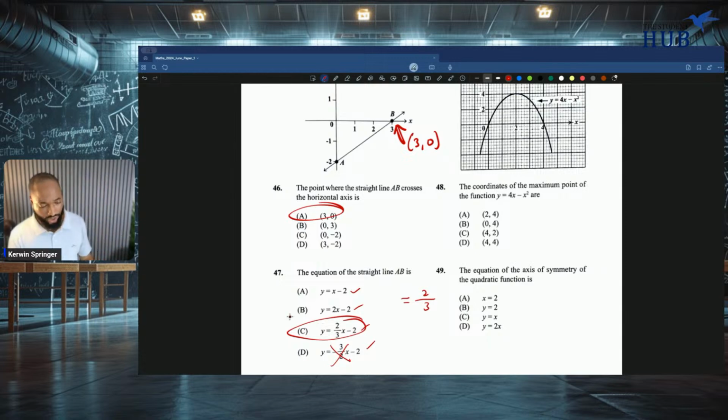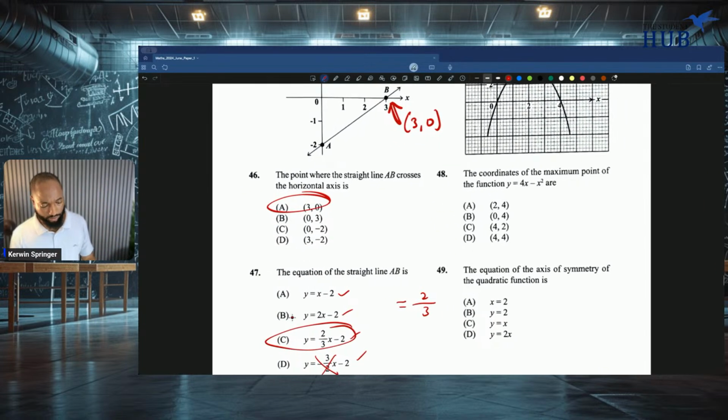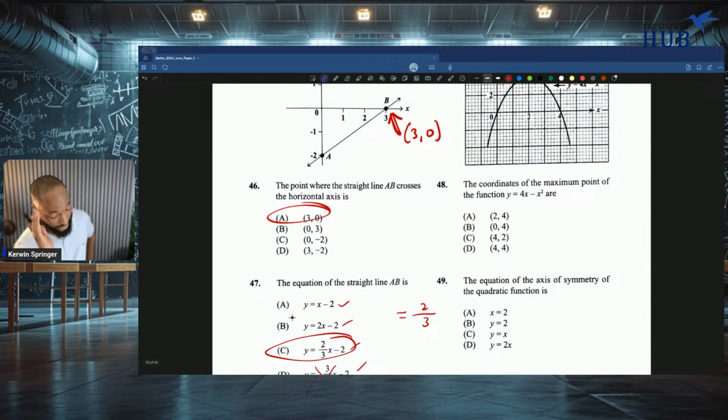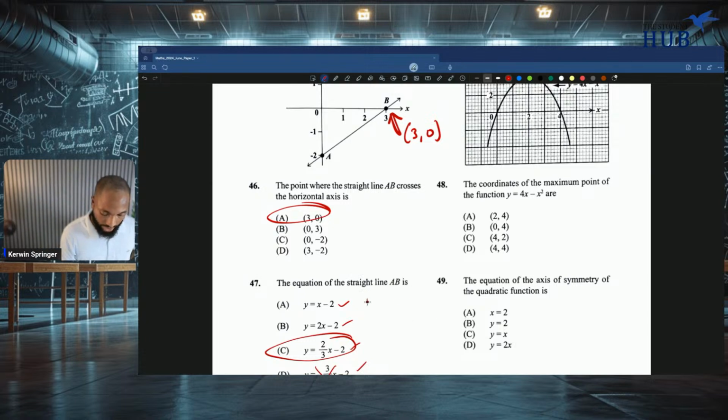Now there's other ways to do this. We could substitute points and find the gradient. So you all know the formula for gradient: m is equal to y2 minus y1 over x2 minus x1. Let's use some nice points, like (0, -2) and (3, 0).